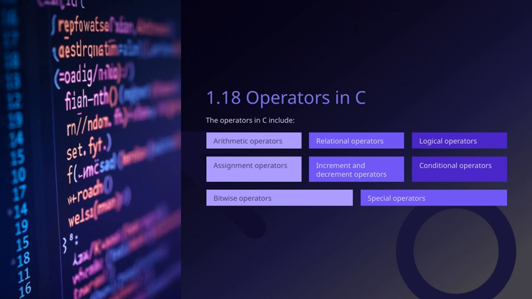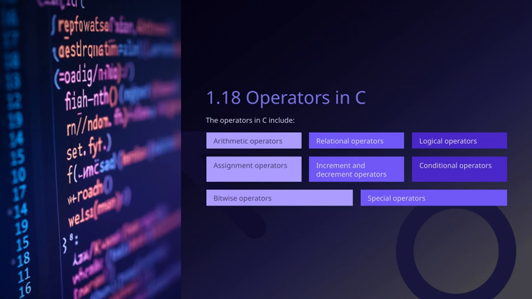We also have increment and decrement operators, which increase or decrease a variable's value by 1. These are handy in loops and iterative processes. Special operators include things like sizeof and comma, which serve specific purposes in certain contexts. Moving on, logical operators, such as and, or, and not, help us combine or negate conditions, making our decision structures more robust.